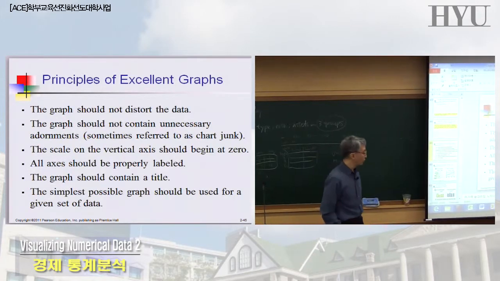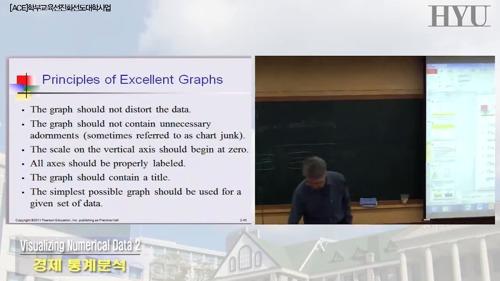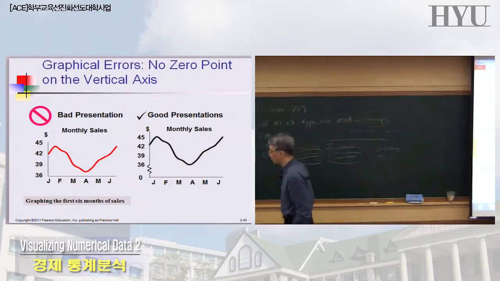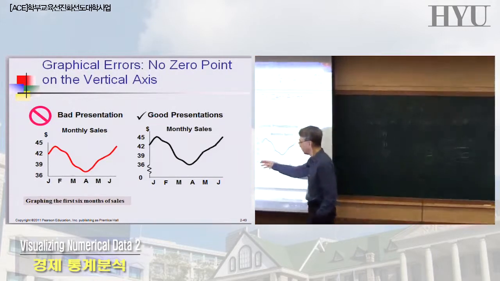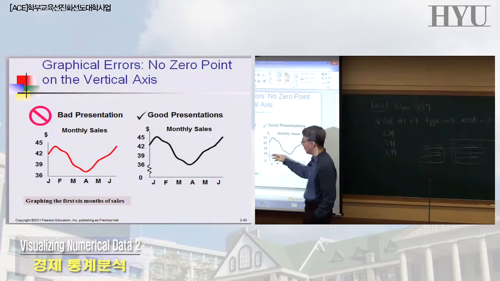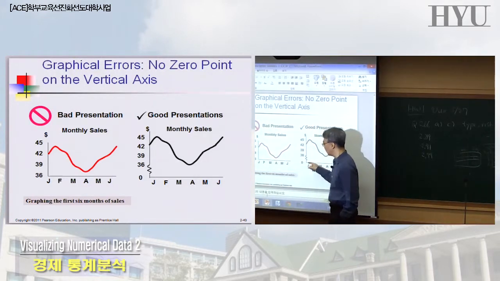The scale on the vertical axis should begin at 0. Do we have any example like that? Right here. We have bad presentation on the left, good presentation on the right. The only difference here is it started from 36, but this one shows 0.